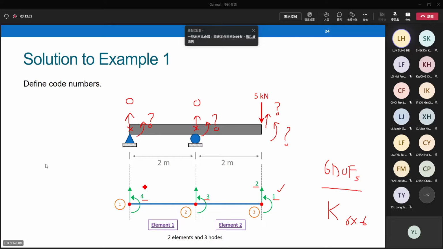If you like, you may reverse the order. It doesn't matter. Just keep your diagram consistent throughout your whole calculations. The remaining 2 arrows, 5, 6. So we complete our code number diagram. In the solution, we would like to use this diagram to formulate our structure stiffness matrix.